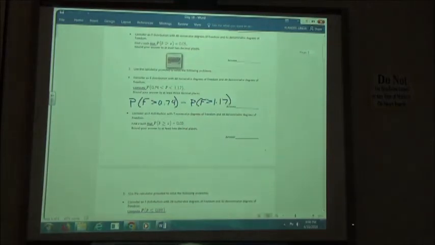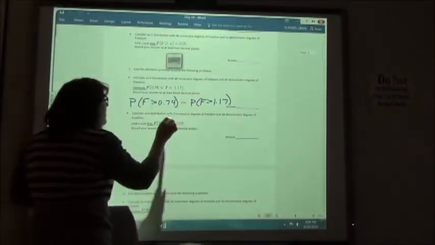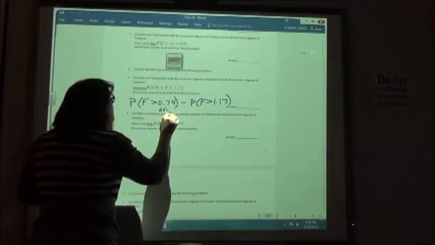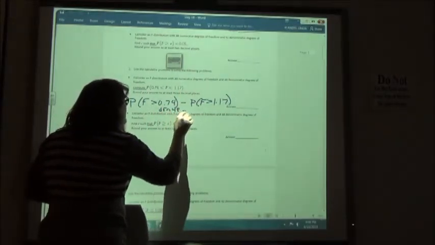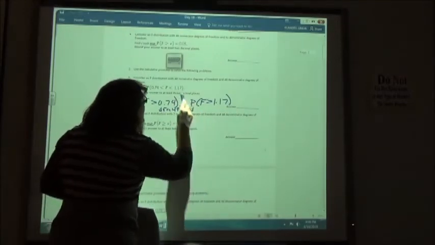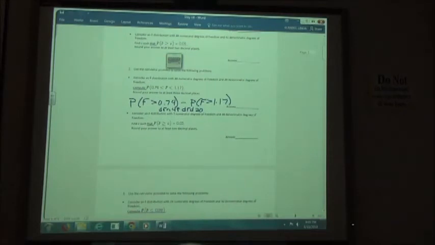That would give you the part that's in the middle. Oh, and I forgot my degree of freedom again. They're going to ask you for your degree of freedom. I'm going to have on both of them, the degree of freedom for my numerator is 48. The degree of freedom for my denominator is going to be 20. You'll have to put that on both of those.